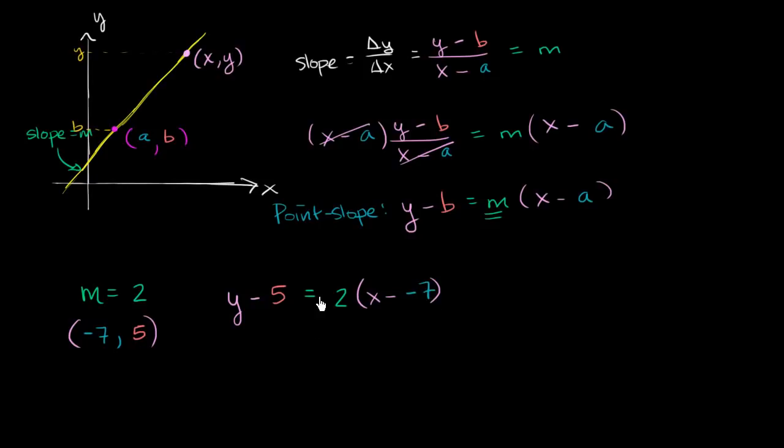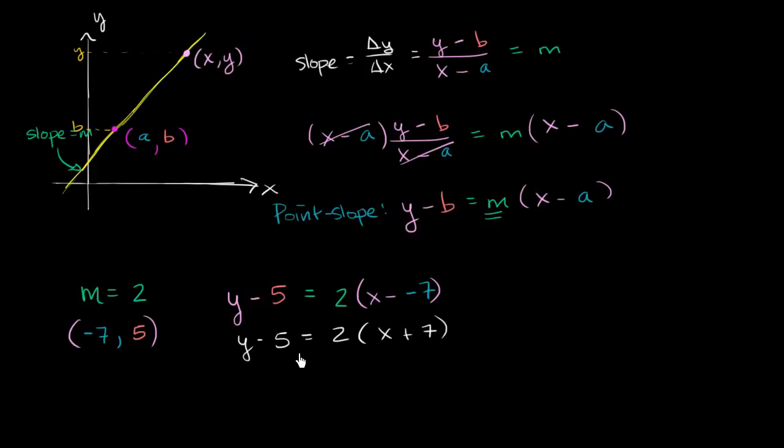And just like that, we have written an equation that has a slope of 2 and that contains this point. And if we don't like the x minus negative 7, we could obviously rewrite that as x plus 7. But this is kind of the purest point-slope form. If you want to simplify it a little bit, you could write it as y minus 5 is equal to 2 times x plus 7.